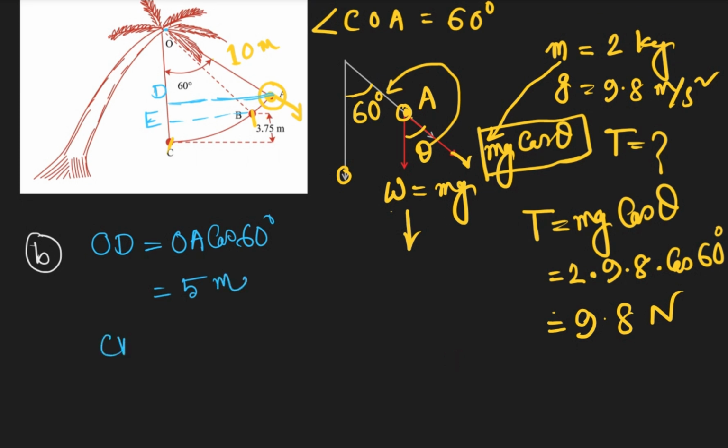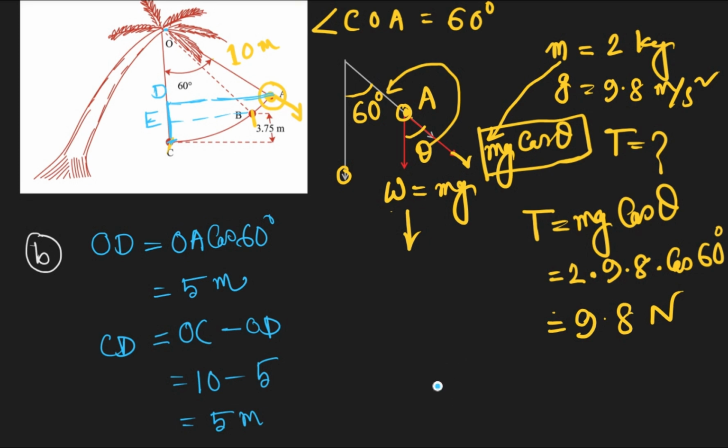Again, the value of CD: this is C and this is point D. So CD equals OC minus OD. OC is 10 and OD is 5, so we get 5 meter. So this length CD is 5 meter.